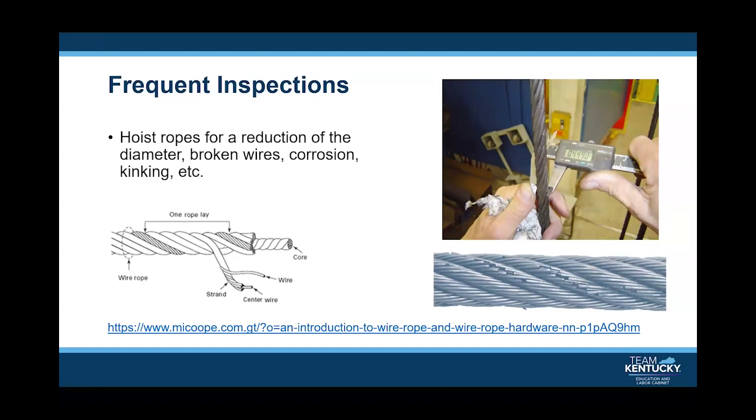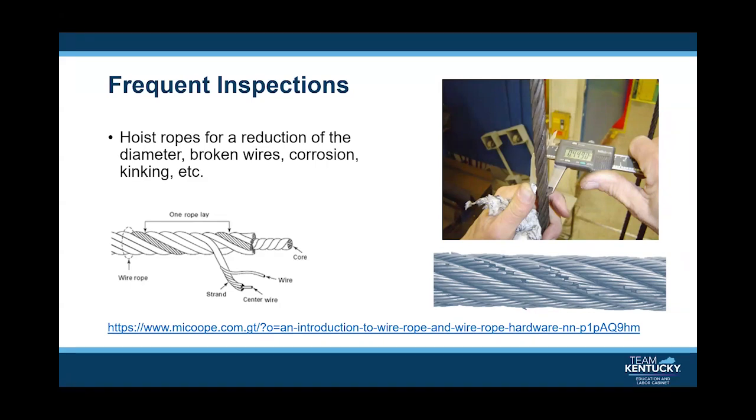In regards to broken wires, ASME B30.2-1967, which pertains to cranes covered under 1910.179, states that 12 randomly distributed wires in one rope lay, which is when the rope strands make one complete rotation, or 4 broken wires in one strand in one rope lay, constitutes a removal from service.